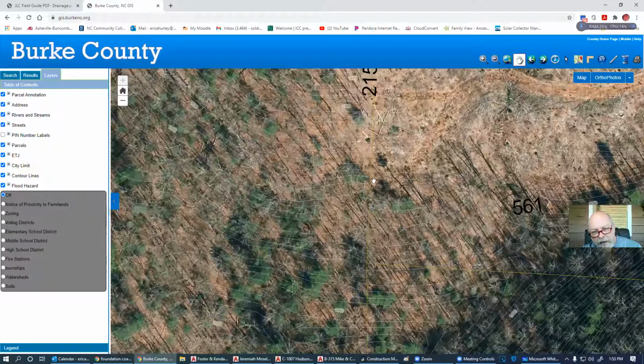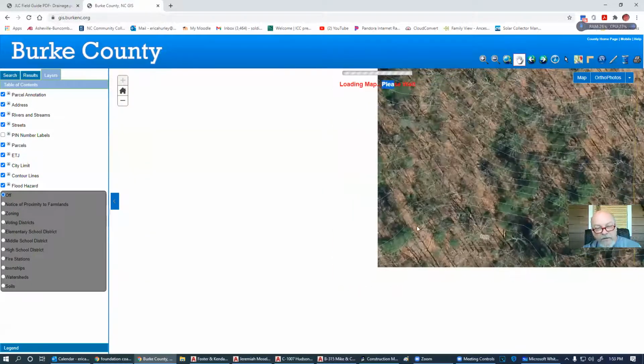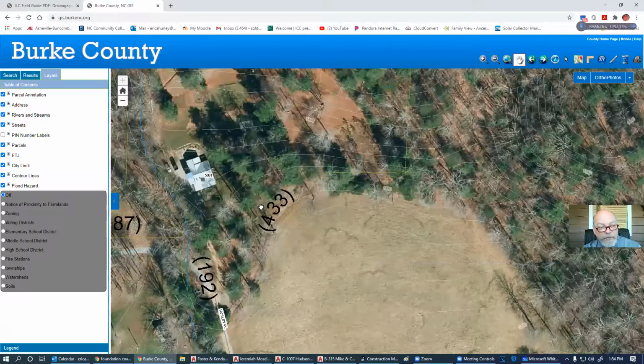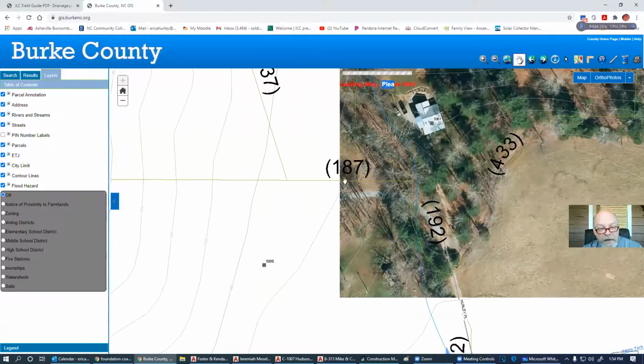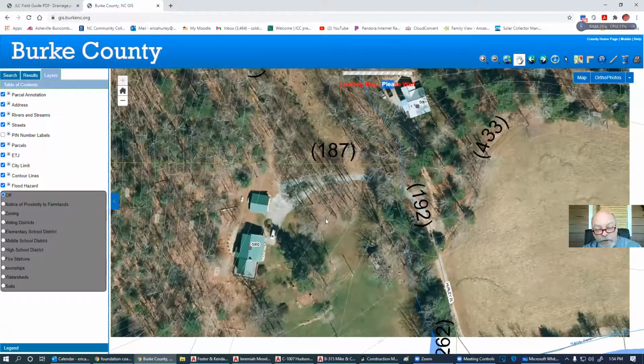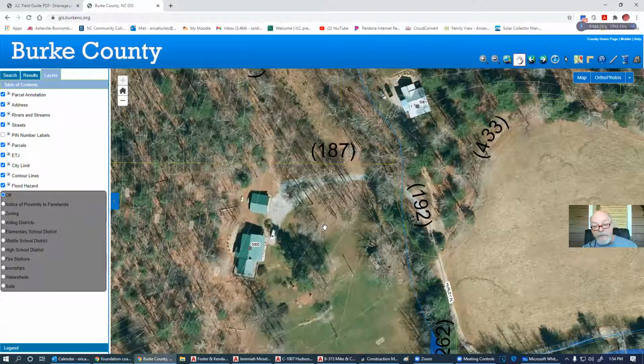But right here, there's a creek that runs right here. And right here, there are no trees. It's not been forested any. There are just no trees whatsoever. And the reason for that is the same reason that we have this natural spring over here in this area, because there's so much surface water all the time.